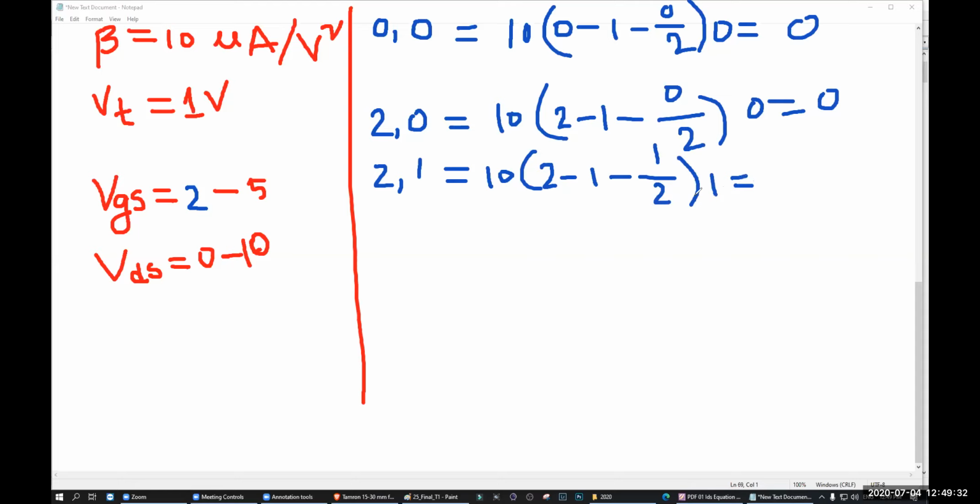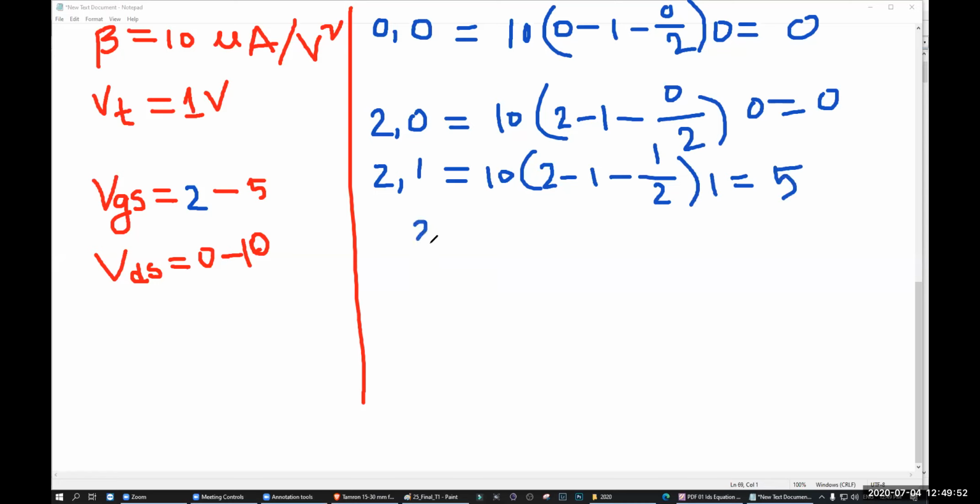Let me calculate. So 10 into 2 minus 1, minus 1 by 2 is 5. So the answer is 5. By the way, the answer will be in microampere, because your unit was microampere.